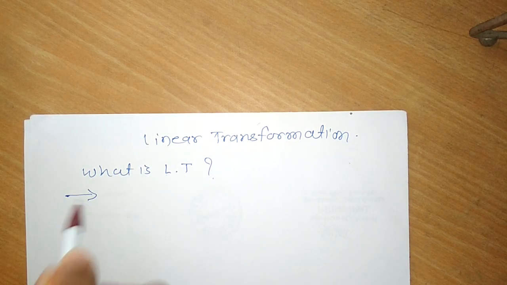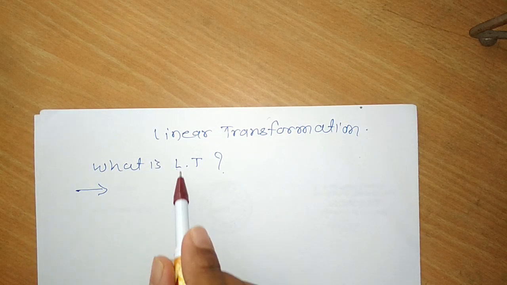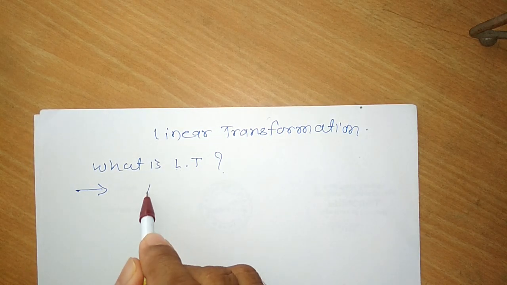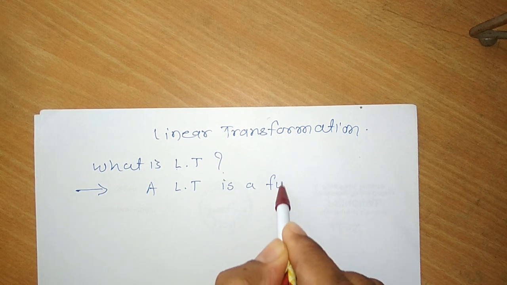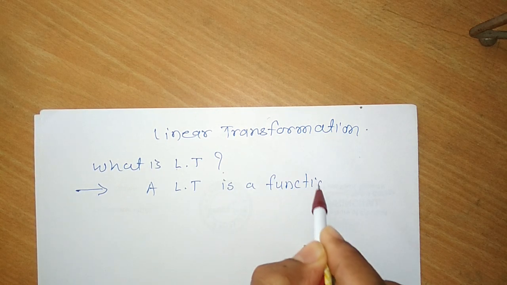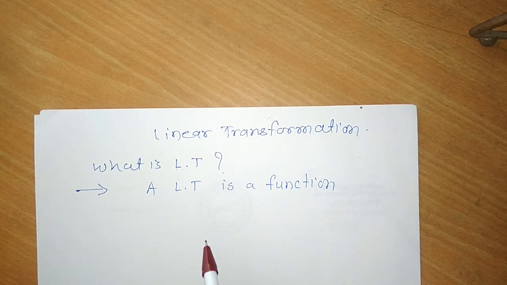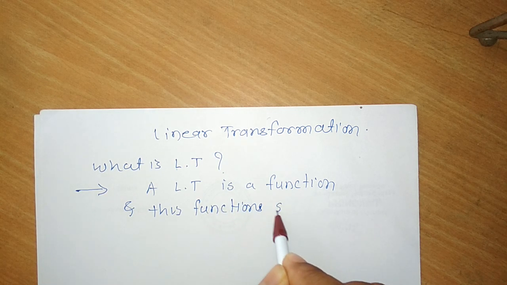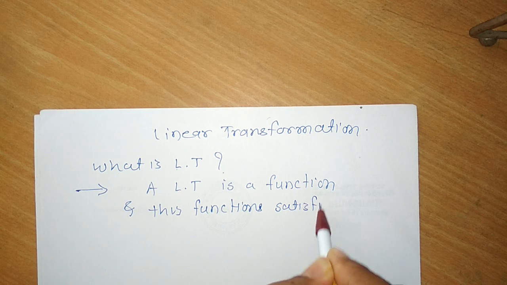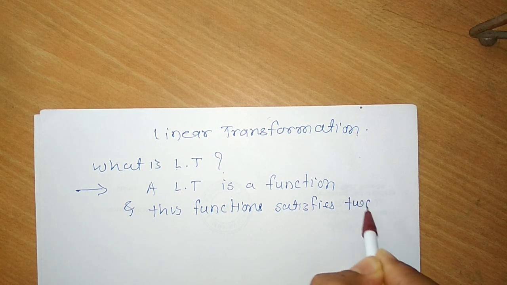Basically, it's a very simple answer. A linear transformation is a function, and this function satisfies two conditions.